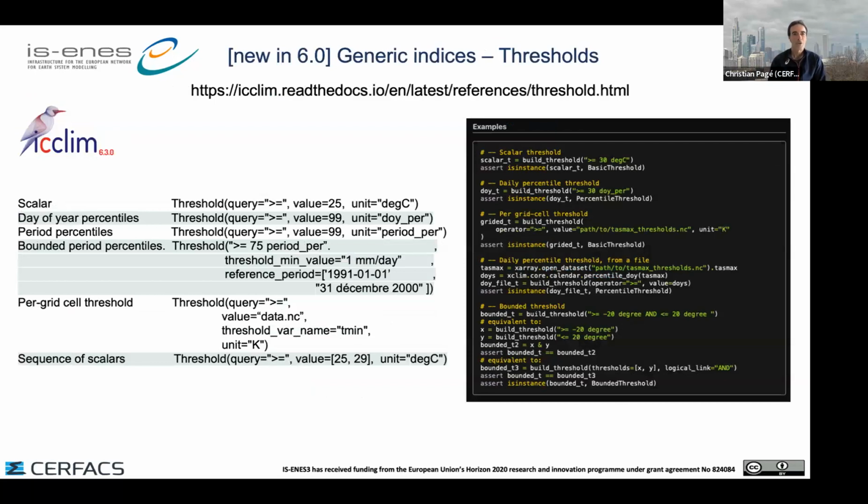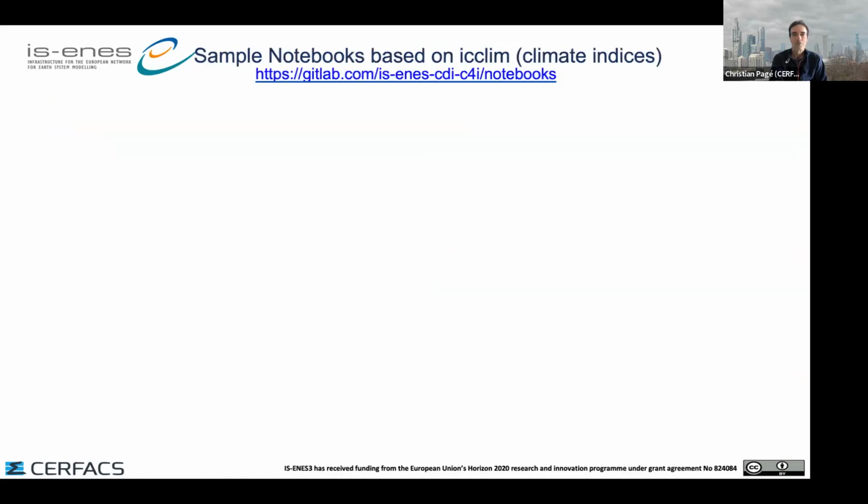We also have those thresholds. So threshold can be scalar, day of year percentiles, period percentiles, and so on. So we can have also per grid cell threshold. So this can be interesting if we have a threshold that is not the same in a specific part of the grid. We can also have sequence of scalars. So there are also some examples in the documentation.